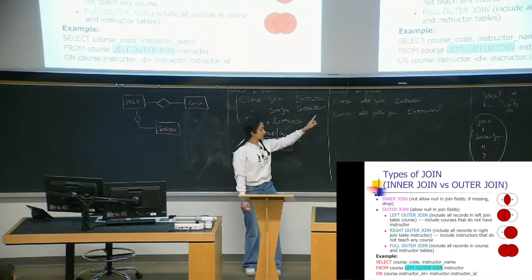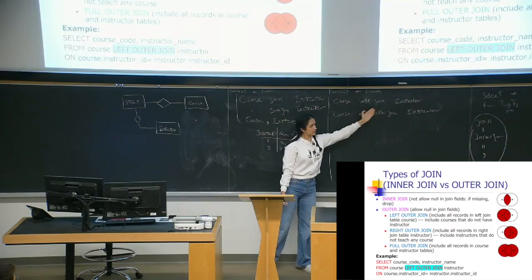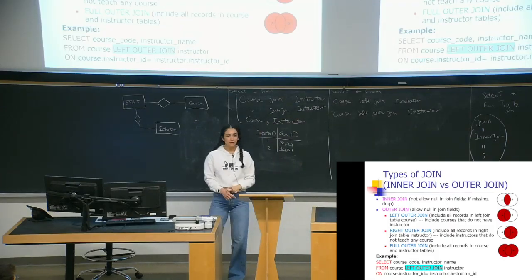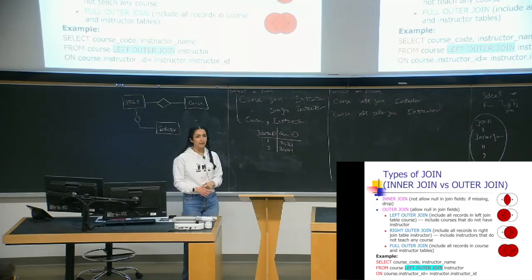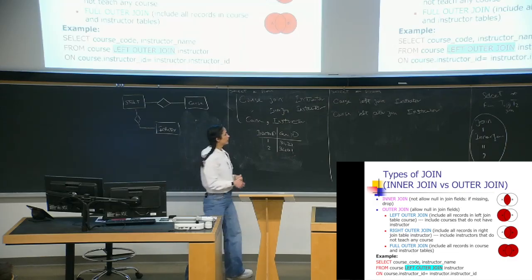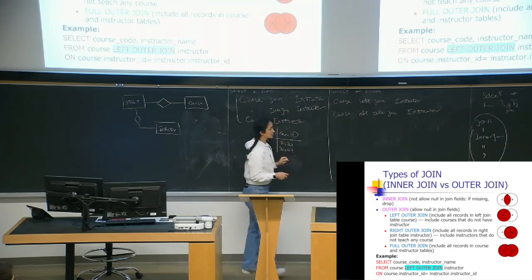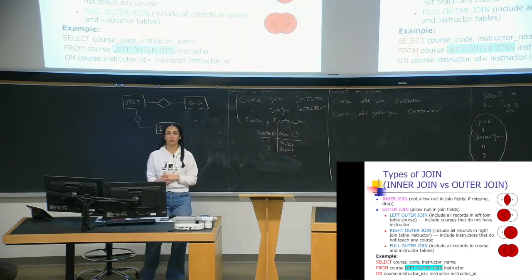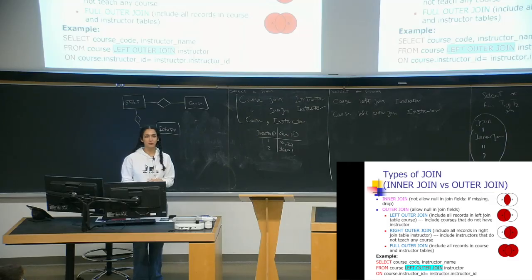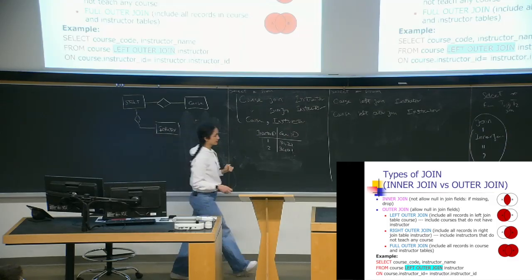When you are using left join with this order, it means everything from the course table, even if the corresponding value in the instructor table is not there. What does that mean? All the courses, even if those courses do not have any instructors yet.